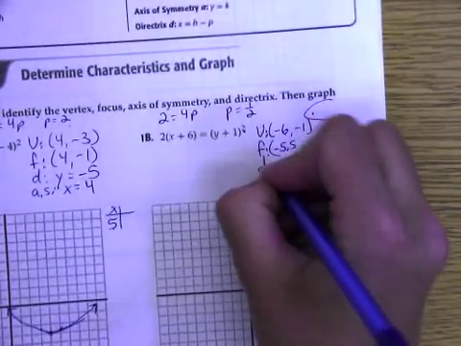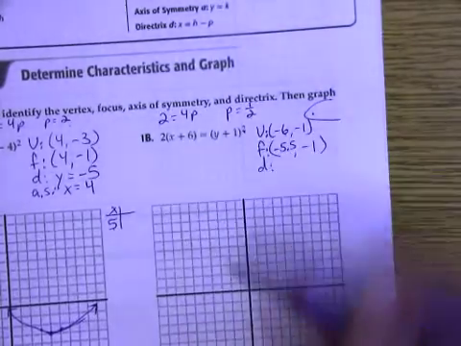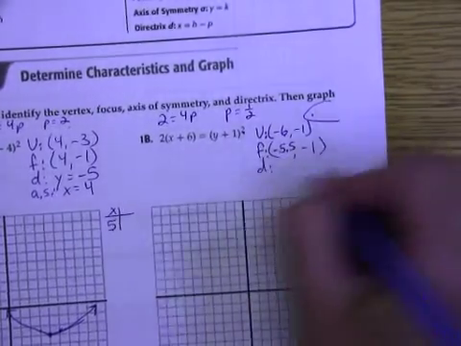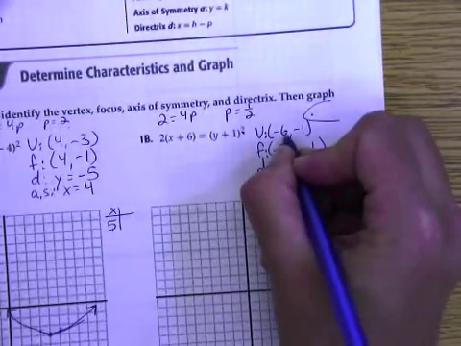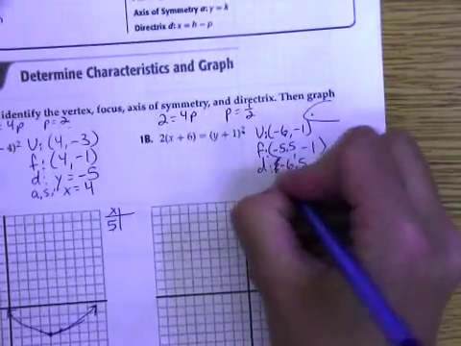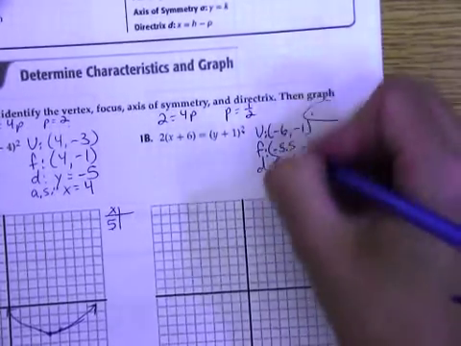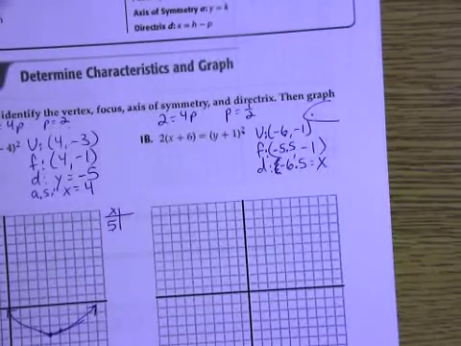So half a space to the right of negative 6 is negative 5.5. So there's my focus. My directrix is going to be a vertical line to the left of my vertex. So 1/2 to the left of negative 6 is negative 6.5.